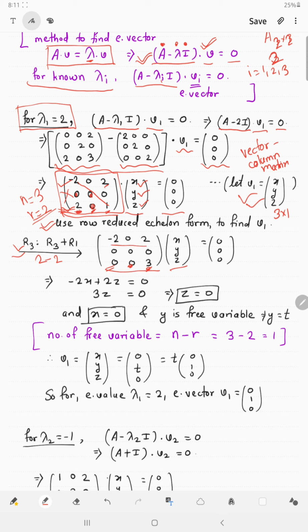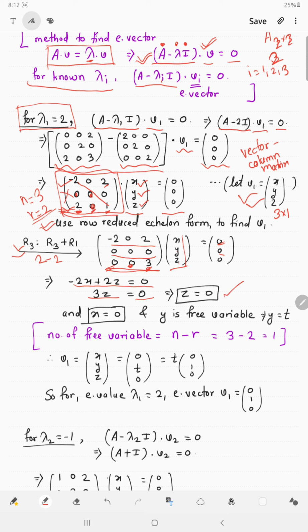I get first row, first column, so minus 2x plus 2z equal to 0. Now this whole row is 0, so I get 0 equal to 0. Now the last row, 0 into x plus 0 into y plus 3 into z is 3z equal to 0. Now directly I can say that z equal to 0.